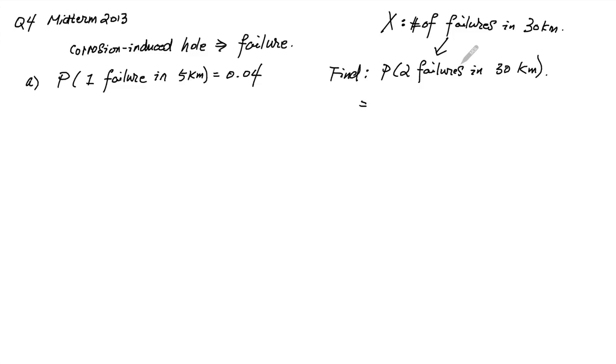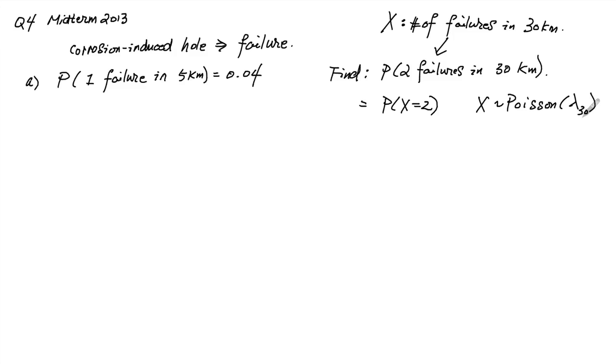So as long as we know what the average number of failures in 30 kilometers is, then x will have a Poisson distribution, where x is Poisson with some lambda, or the average number of failures per 30 kilometers.